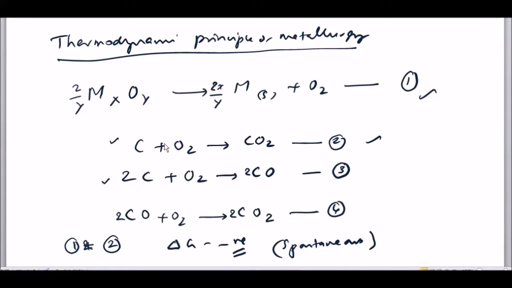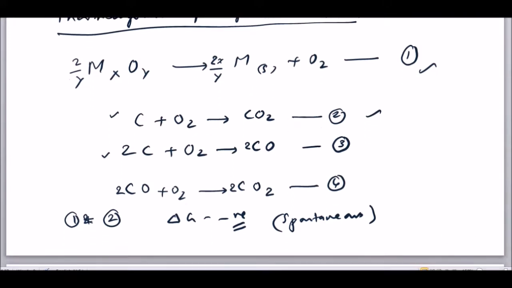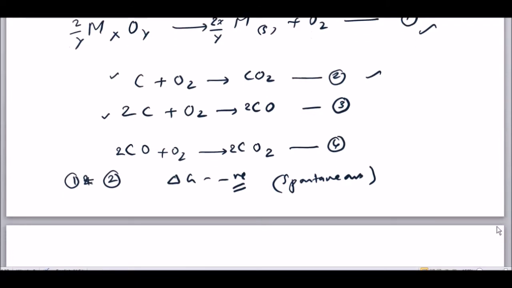Suppose carbon is used for this reduction procedure, you can take equations 1 and 2, and if you are getting delta G as negative, then carbon will be the suitable reducing agent. Suppose you take the combination of equations 1 and 3, again the delta G is negative, we can go with this idea.